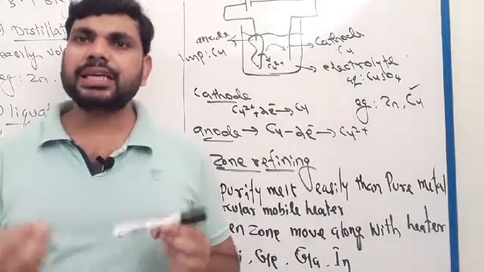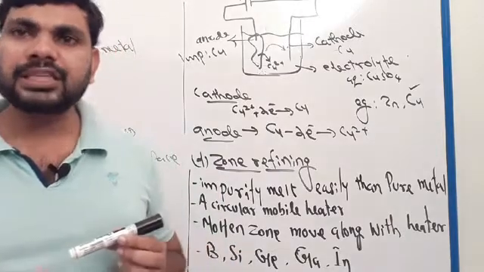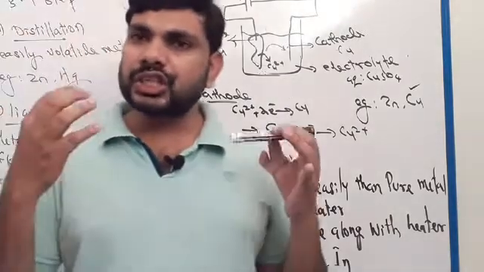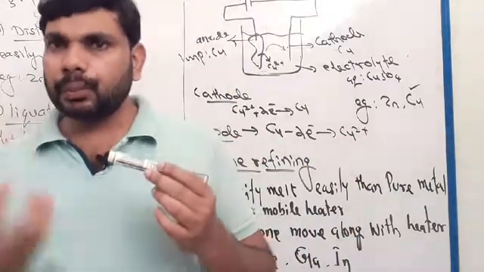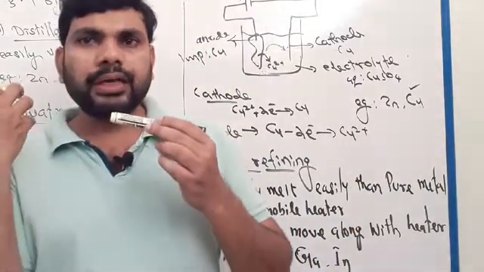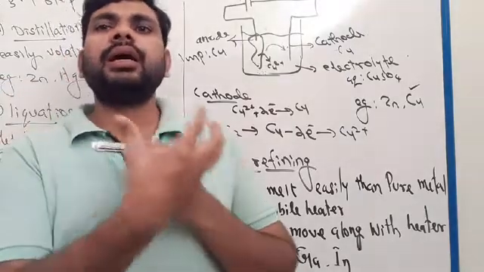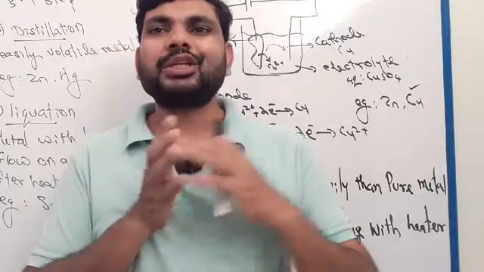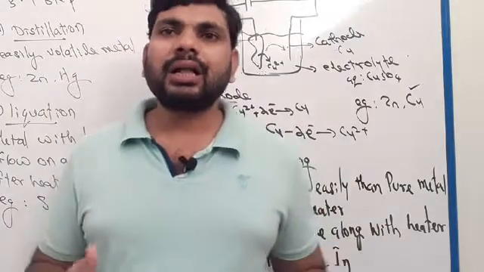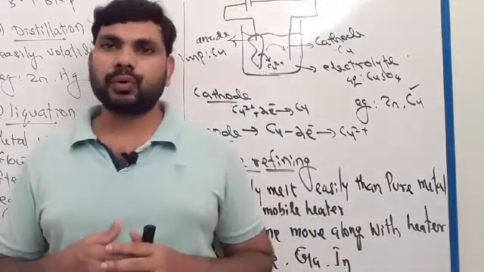The impurities have a low melting point, so they will change to liquid state, or melt, and move with the heater from one end to another end, and it helps to purify this metal rod.